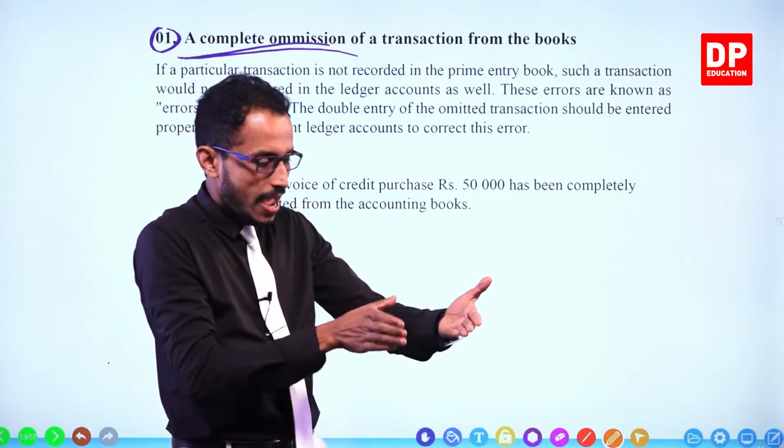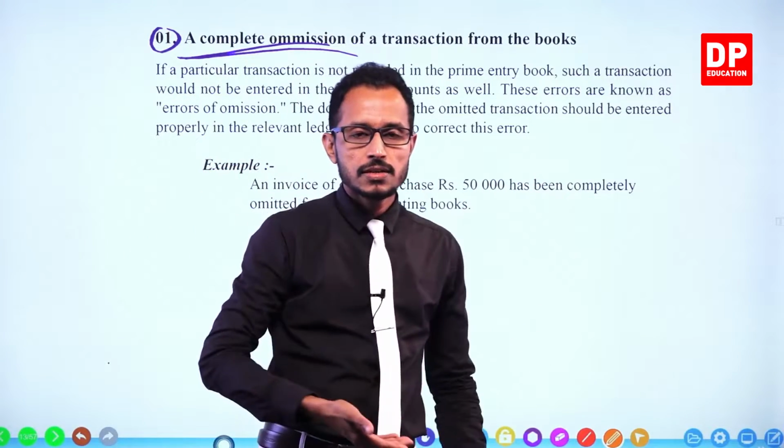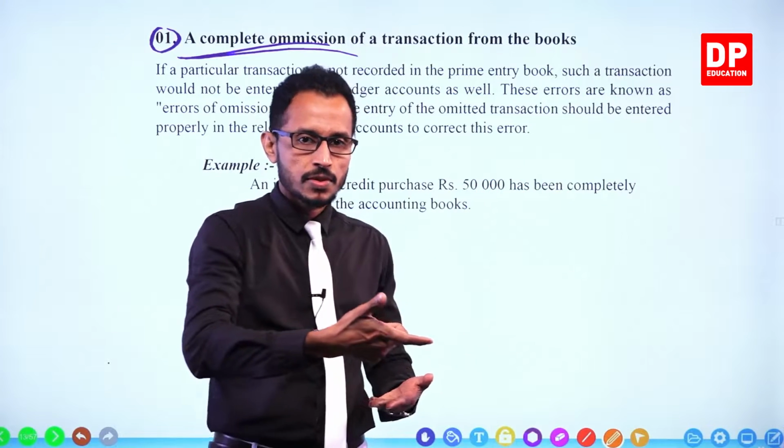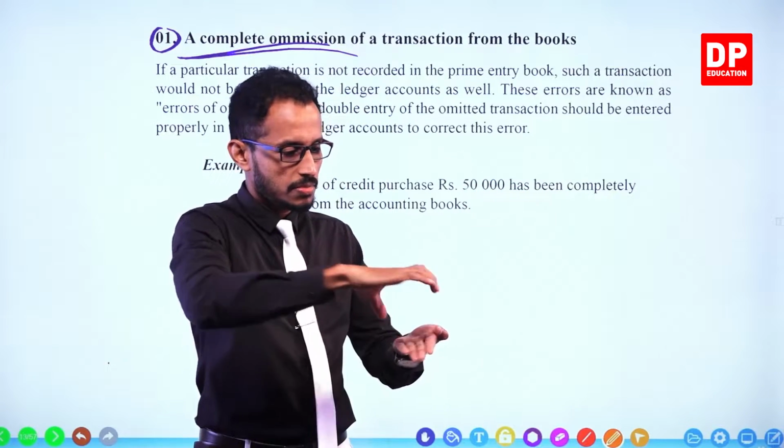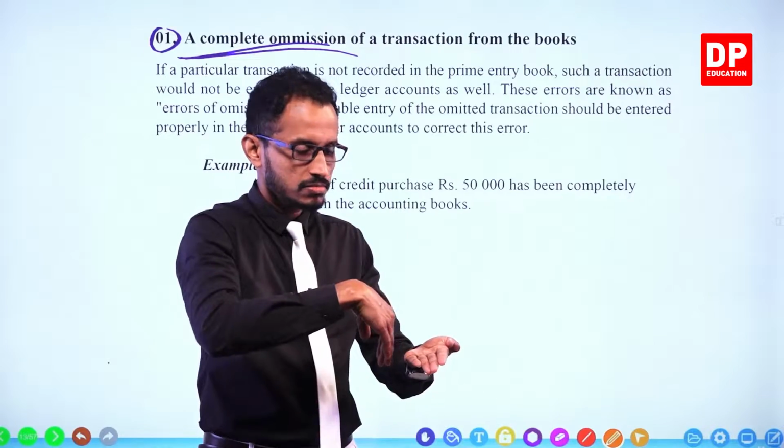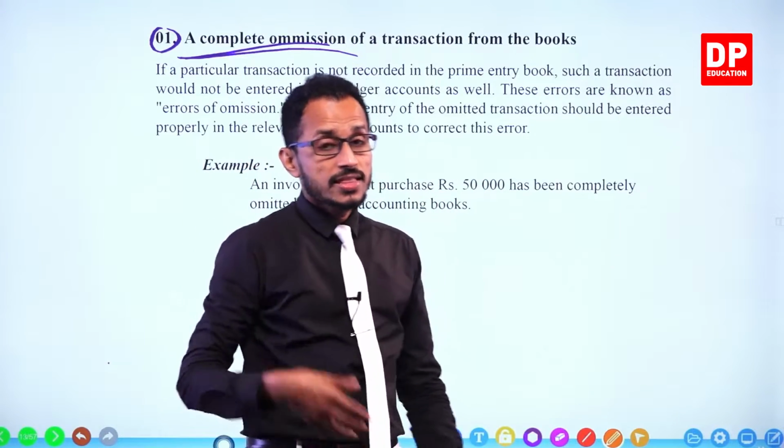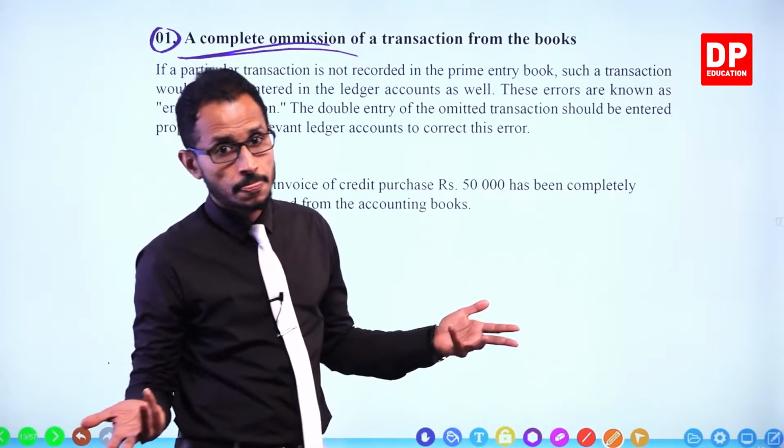And that tab, or the ticketing machine, prints the source document. That source document can be misplaced.